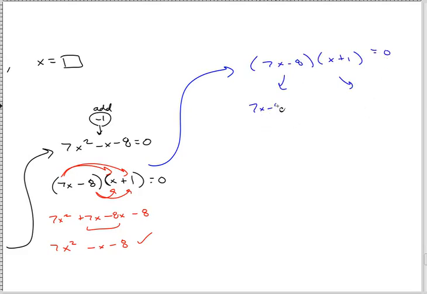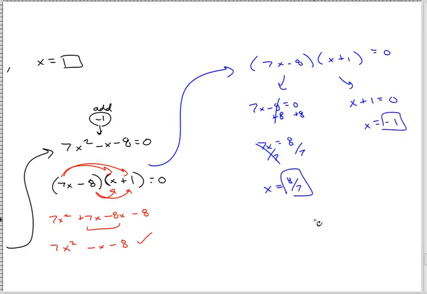So 7x minus 8 equals 0. Add the 8 to both sides. Divide by the 7. 8 sevenths. Over here, though, I just say it's negative 1. Not too hard. And so those are my two answers that I would have to put into the homework program.